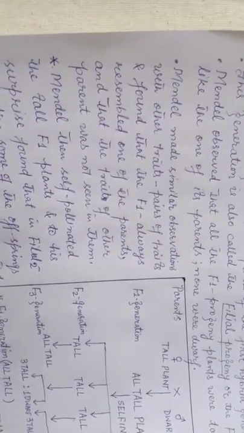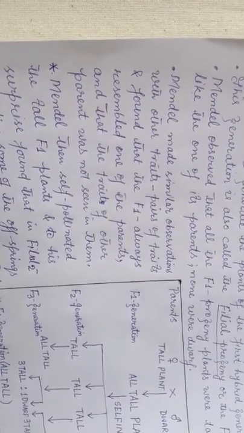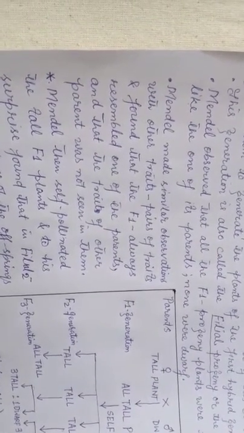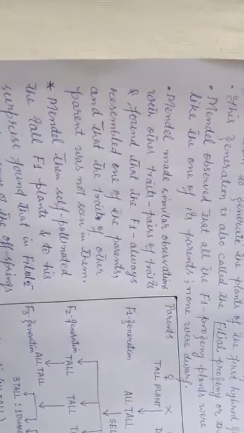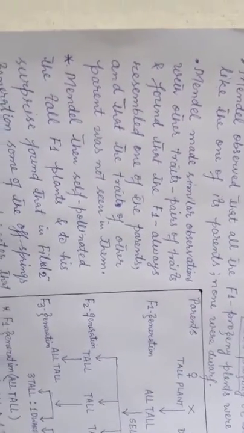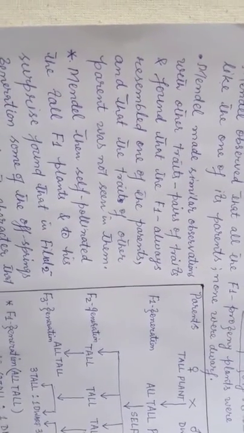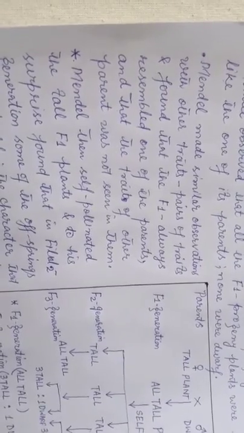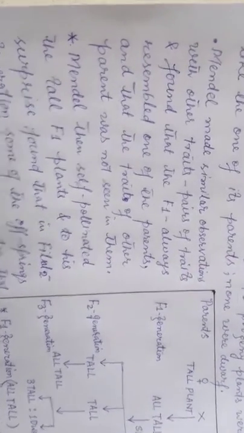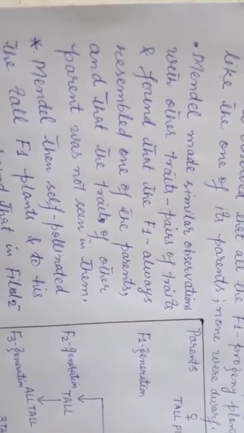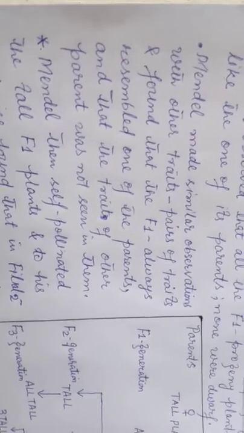And Mendel made similar observations with other pairs of traits, and found that the F1 always resembled one of the parents, and that the trait of the other parent was not seen. And still he didn't make any conclusion.